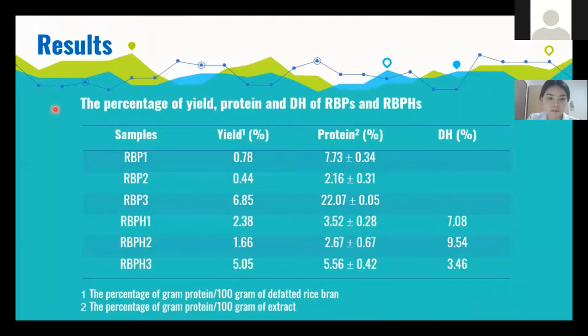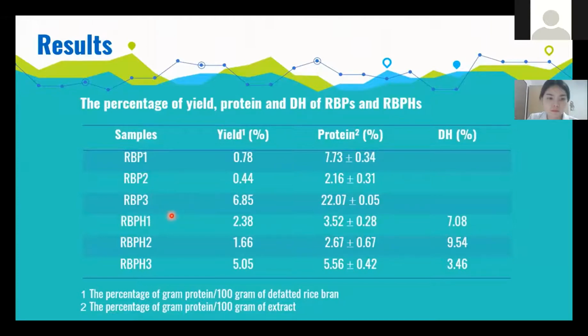Let's see the results. This table shows the percentage of yield, protein, and DH of RBPs and RBPH. The RBP3 showed the highest percentage of yield at 6.85% and percentage of protein at 22%, followed by the RBP1 and RBP2 respectively.